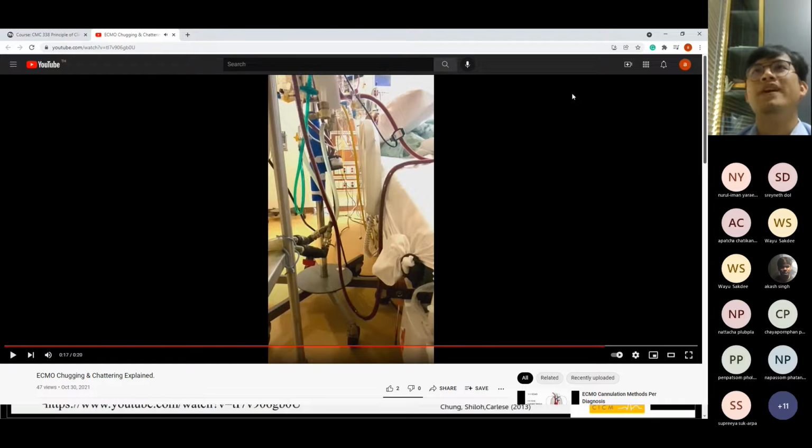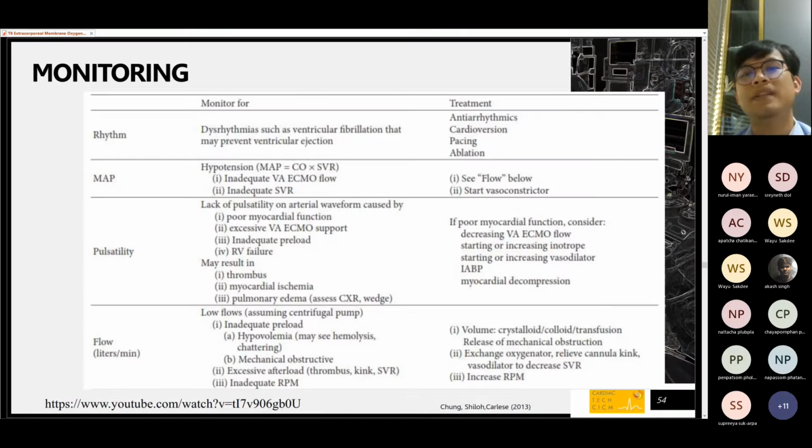Just for example, we call this kind of condition chattering. Chattering means the cannula tip attaches to the vessel wall and cannot drain. Because on the venous side there is a lot of negative pressure, right? So it attaches and sucks on the vessel wall, which causes the tubing line to shake.